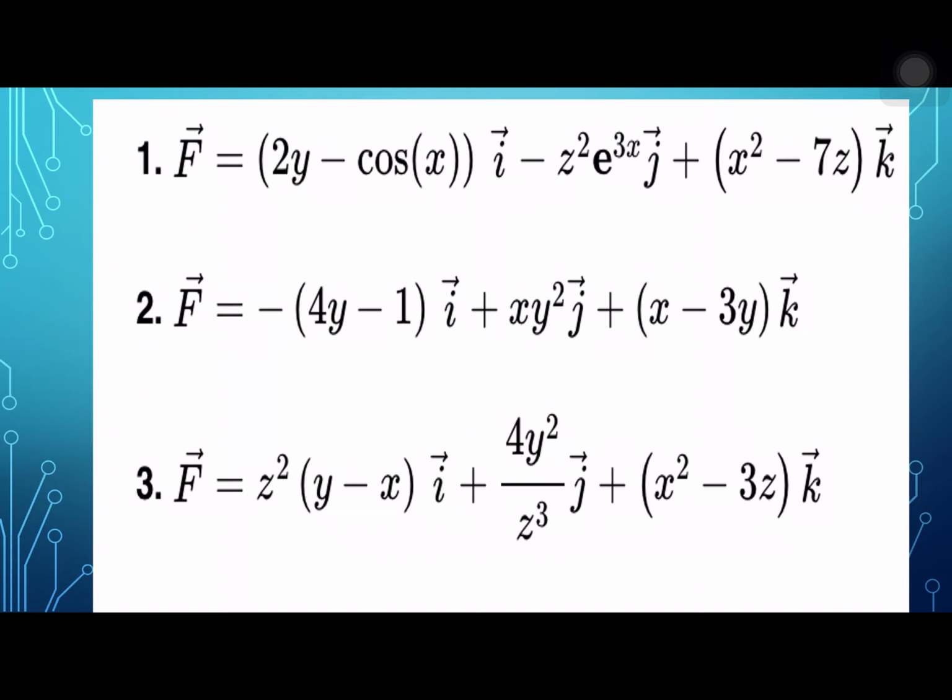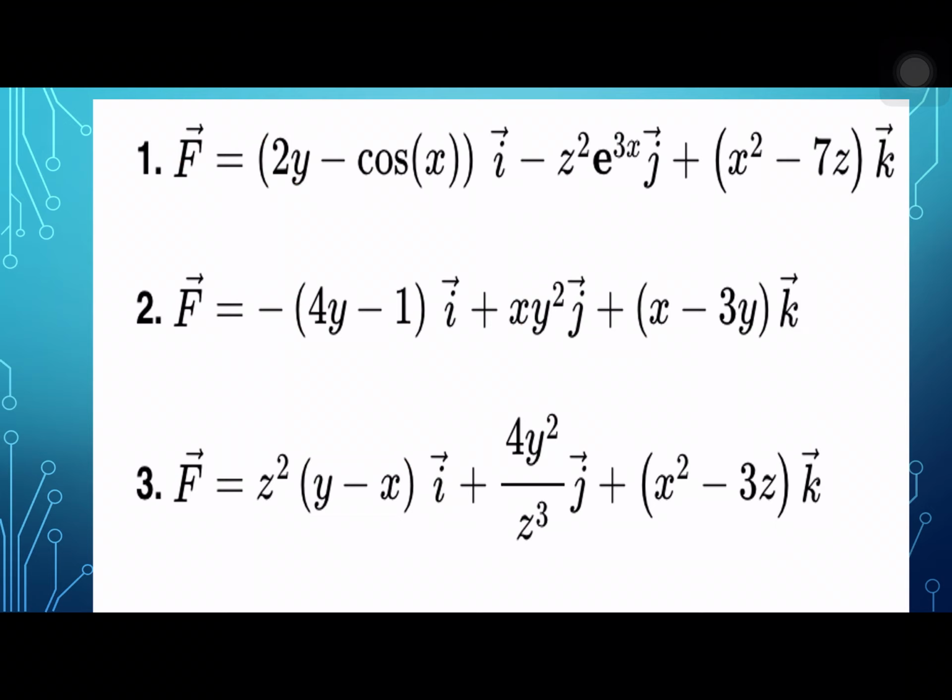Here I am giving you 3 questions for you people to solve by tomorrow. Okay, please note it down. F bar equal to 2y minus cos x into i bar, z square e to the power of 3x into j bar plus x square minus 7z into k bar.